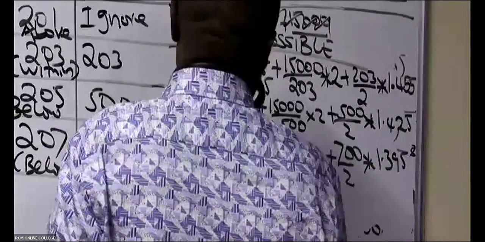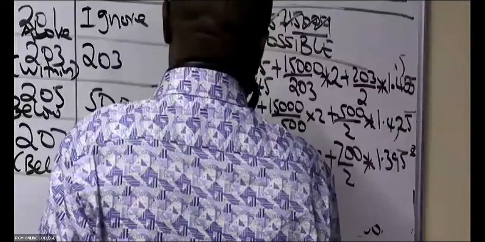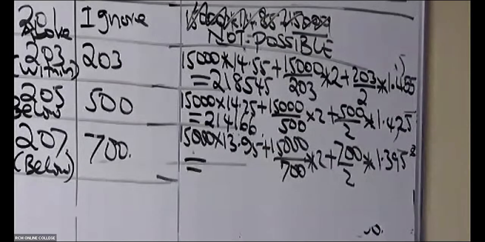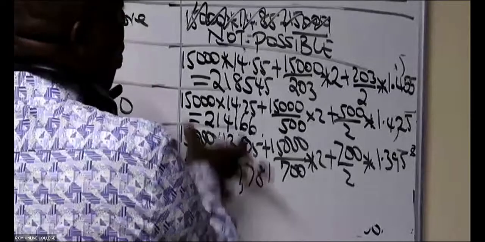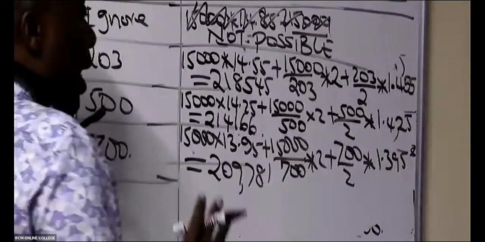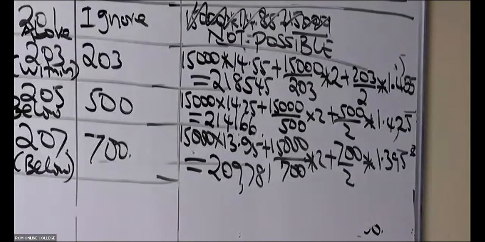Which will end up giving us what figure? Just a whole number. So according to Lillian, we have here 209,781. And remember what we were told up there, that we shall be able to evaluate all these costs. Currently, we only have 3 possible costs, and then we work with the lowest.